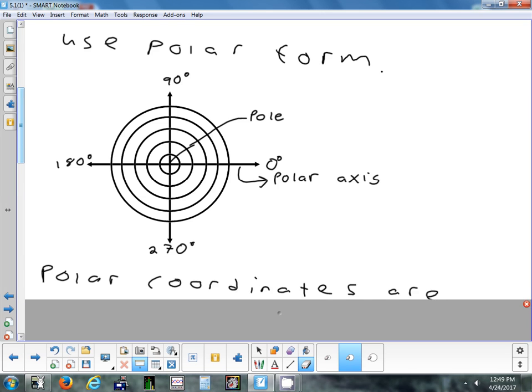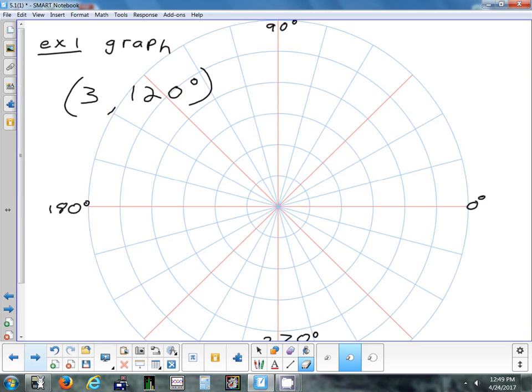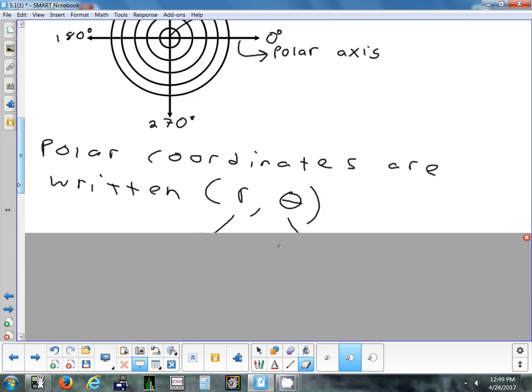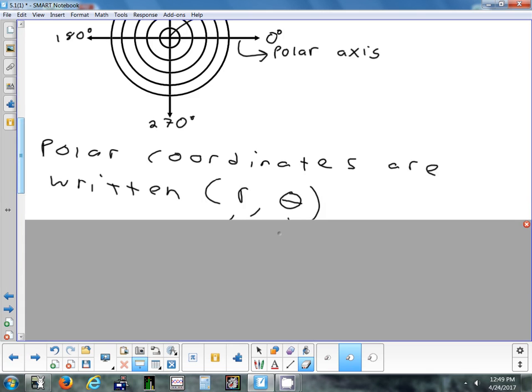And to graph a point in polar, you still have 2 numbers. There's a point in polar. But the difference is it's not an x and a y. One of them is a radius, how far you move out from the center of the circle, and then one of them is an angle, what direction you move on the circle. So when you write a polar coordinate, it's written as (r, theta).